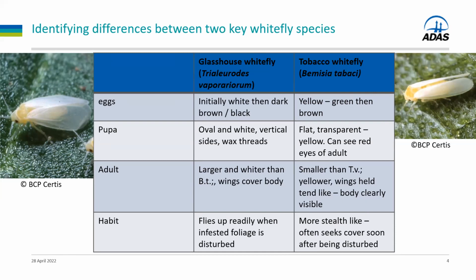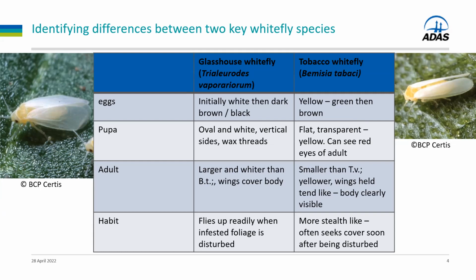They're white in colour with very noticeable vertical sides, and you can see wax threads, but they can be a bit more difficult to spot, even with a good hand lens in the field. But comparing the pupae of the tobacco whitefly, they're flatter, they haven't got that steep vertical side, and you can sometimes see the red eyes of the adult depending on the age of the scale, the pupa. The adults, glasshouse whitefly, are bigger, and their wings cover the body, as the image on the left, which is a glasshouse whitefly.